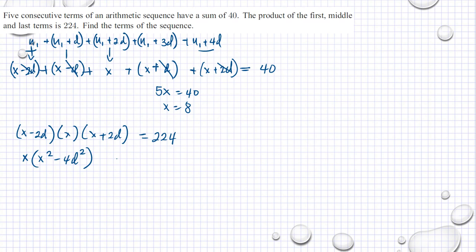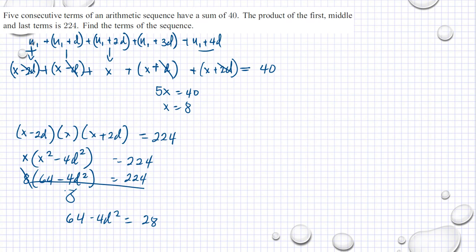We have now 8 times 64 minus 4d squared is equal to 224. If we divide both sides of the equation by 8, then we have 64 minus 4d squared is equal to 224 divided by 8, which is 28.